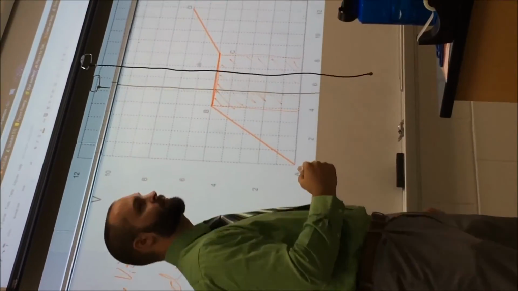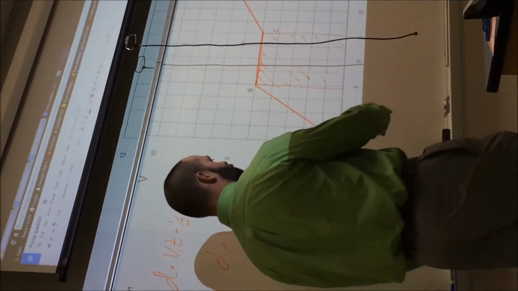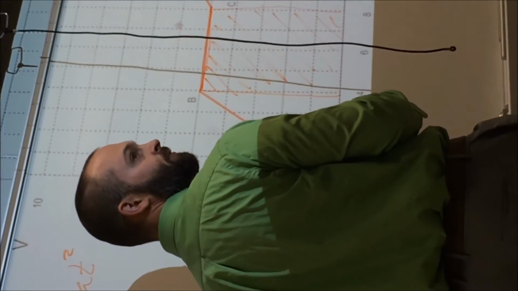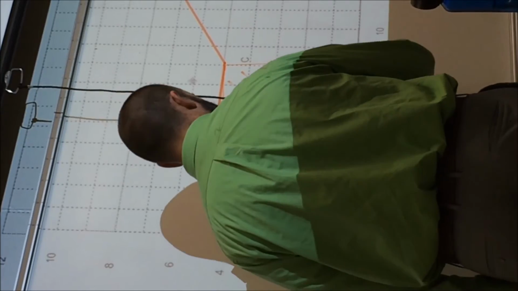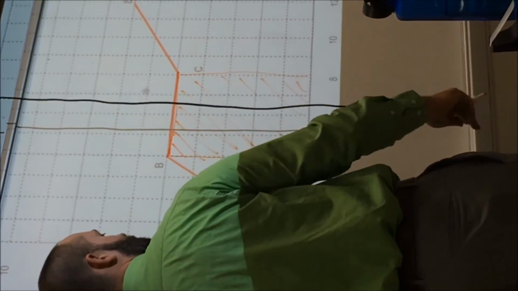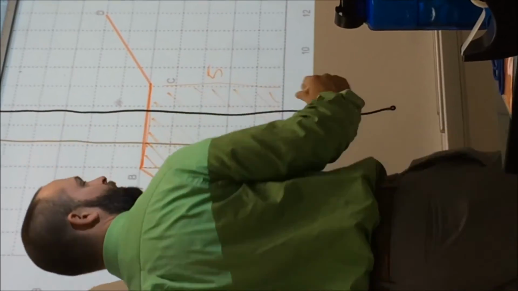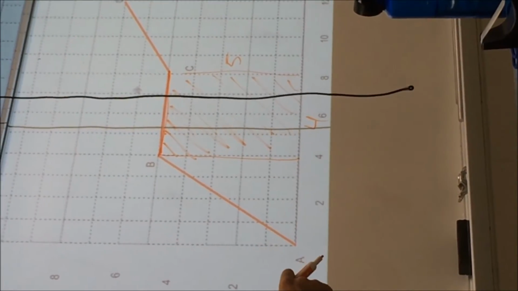What kind of shape is that? It's a rectangle, right? Well, what's this side right here equal to? 4. 1, 2, 3, 4, right? What's this side right here equal to? 5.